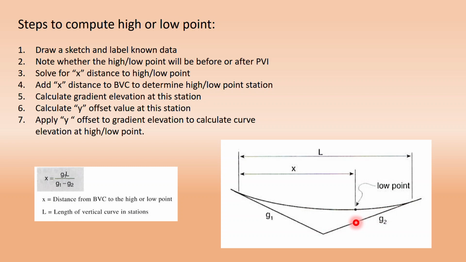Once you have your gradient elevation, then you can compute the y offset from the gradient line up to or down to the curve. And once you have your y offset, you simply apply that y offset by subtracting it from your gradient elevation, and that will give you the elevation of the curve at the specific high or low point.